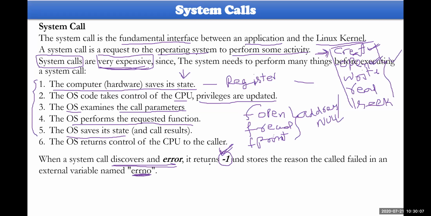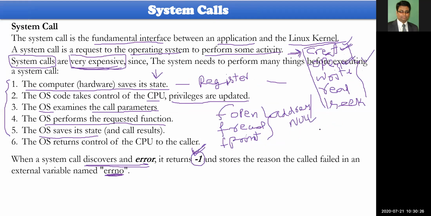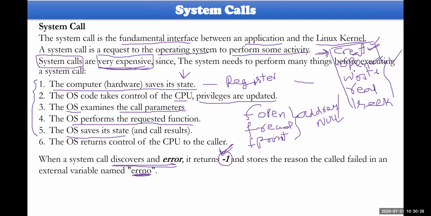For example, you want to create one particular file, but the name of that file already exists within the present working directory. The file exists, so that is the error message. It returns -1, and the associated message is that the file already exists. Or if you want to open one particular file, but that file is not found, the file is not there within the present working directory.